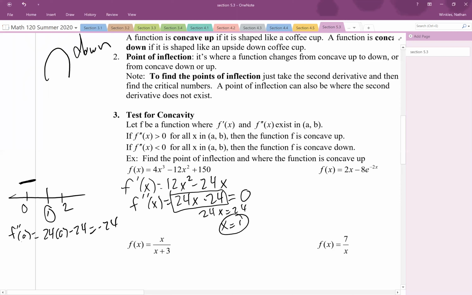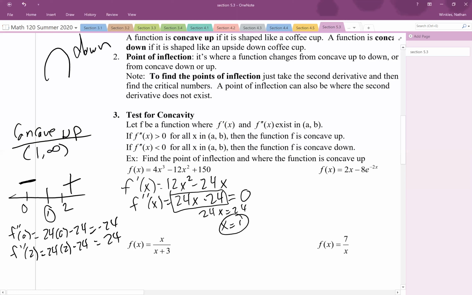So it's negative. F double prime of 2 is 24 times 2 minus 24, which is positive 24. So it's positive. So our function is concave up on the interval from 1 to infinity.